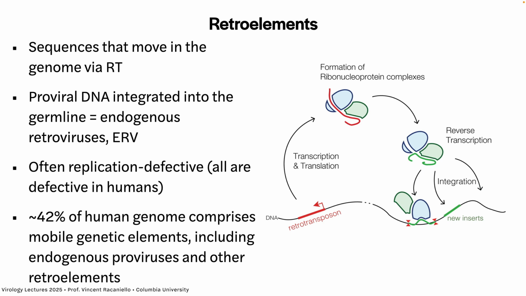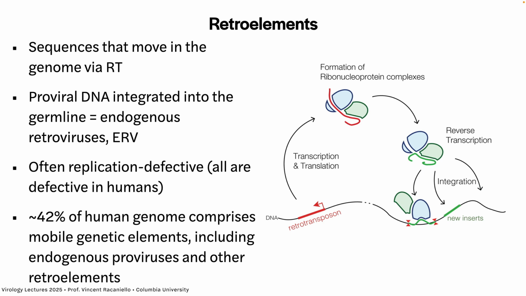As I said, proviral DNA in the germline is endogenous retroviruses. In humans, all of these endogenous or retroelements are defective. But look at this. 42% of the genome of humans comprises mobile elements that move around by RT.